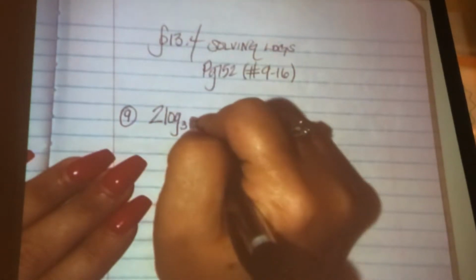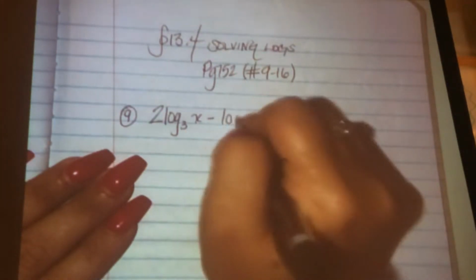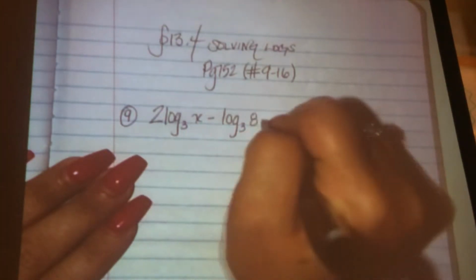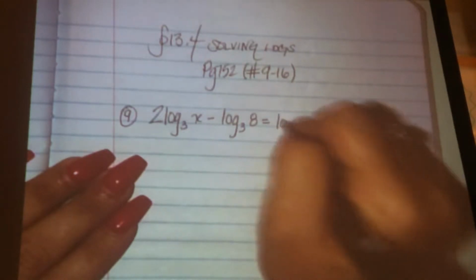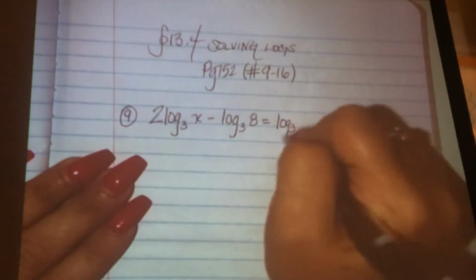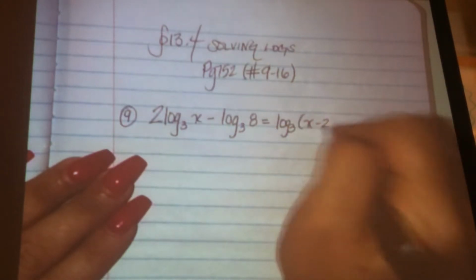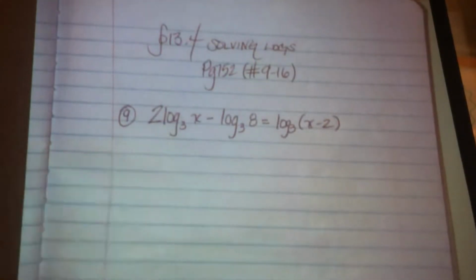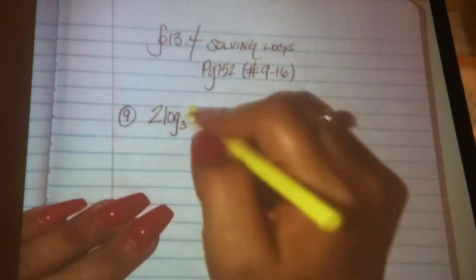If you have 2 log base 3 of x minus log base 3 of 8 equaling log base 3 of x minus 2. I found it helpful at your age to highlight the arguments from the beginning.